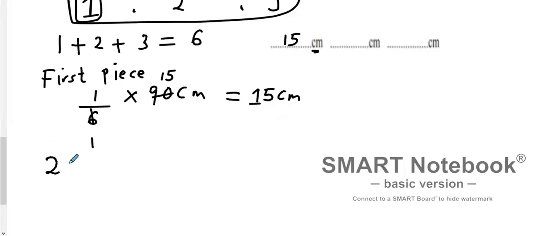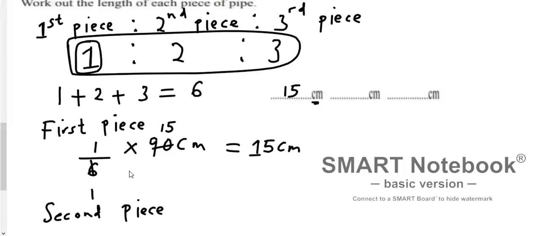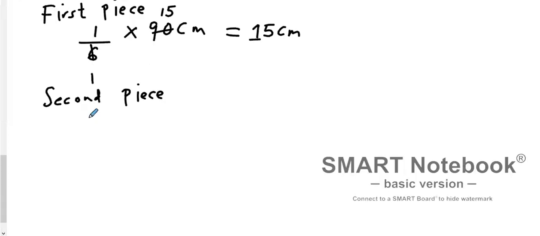All right, when you come to the second piece then, second piece will equal, you see the number of the second piece is 2 in the ratio, so you're going to take 2 out of the total ratio, which is 6, then multiply by 90 centimeters.